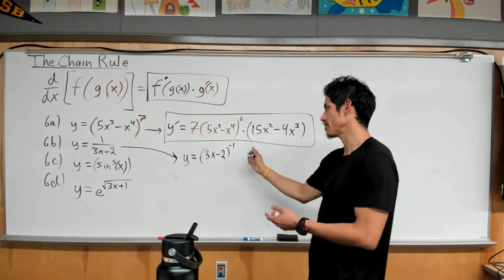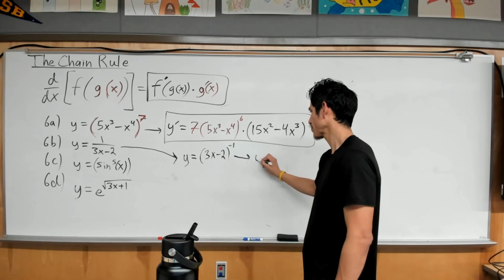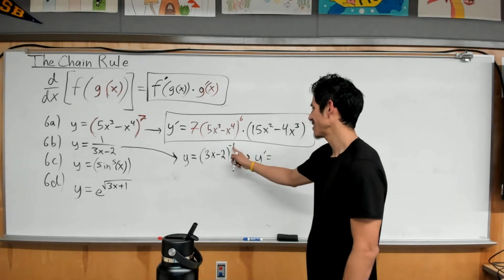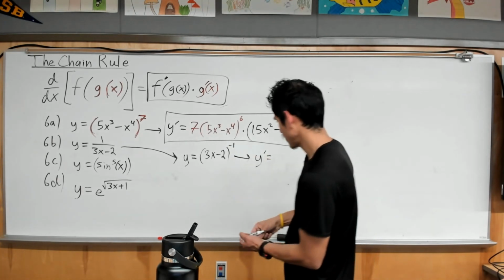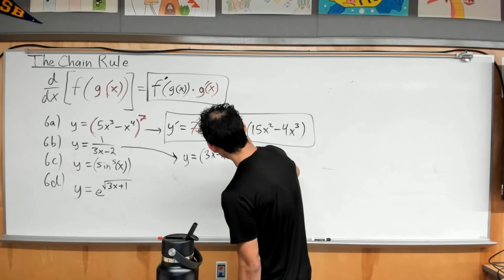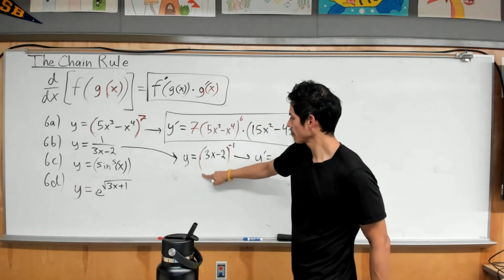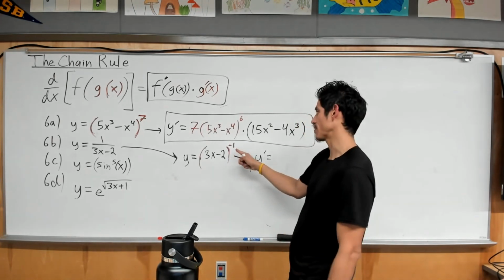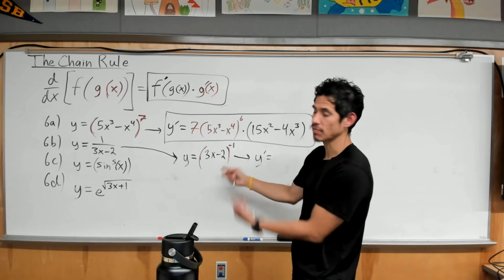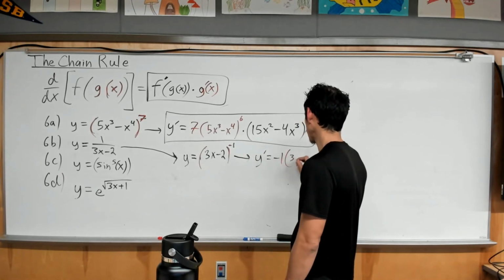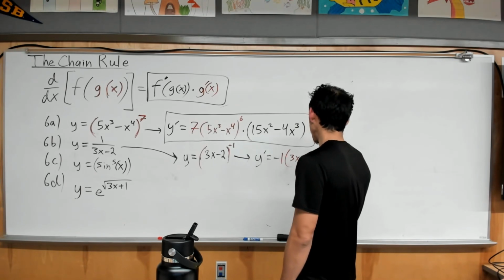See? And from here, you can just use the power rule. It's much more fun. So using the power rule, the outside one is the red. You take the derivative of a term raised to the negative 1, so that'll be negative 1 times 3x minus 2 to the negative 2.